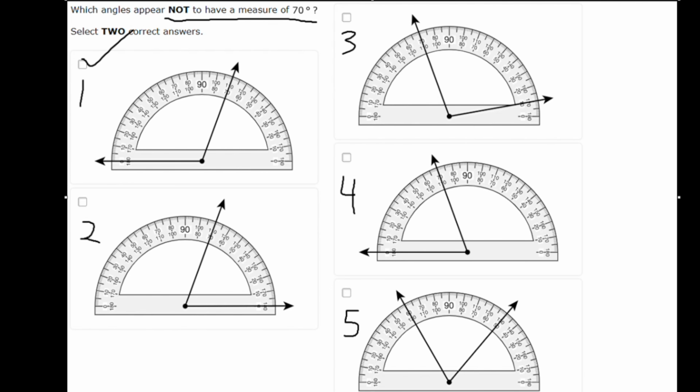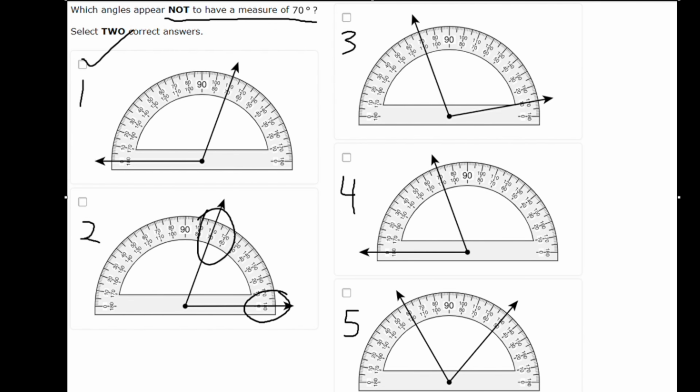Let's look at number 2. All right, remember, I'm using the top row, not the bottom row. Okay, so here we have our protractor. It lines up right here and right here. What numbers do you see it lined up as?